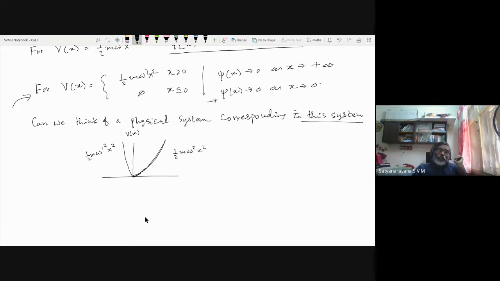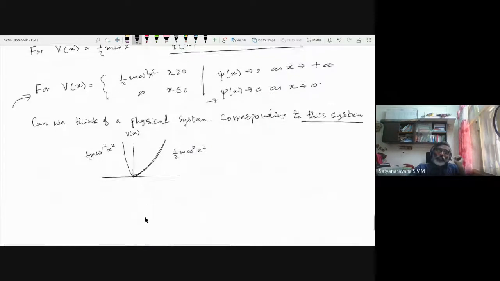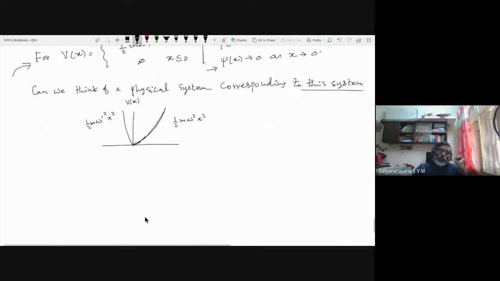Okay, so now the question is, in the harmonic oscillator case, you know that energy En is equal to n plus half into h cross omega, so energy levels are equally spaced. Energy levels are equally spaced.